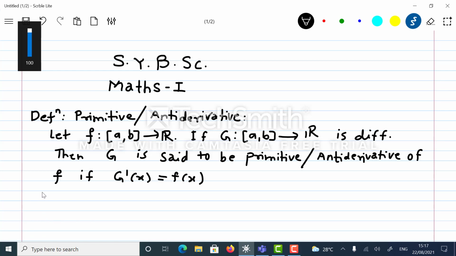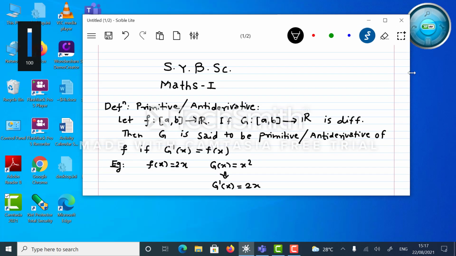So let's have some examples. Suppose I have a function f(x) = 2x and g(x) = x². You can see that g is differentiable, being a polynomial. From this we can find g'(x), which is 2x, and it matches f(x).